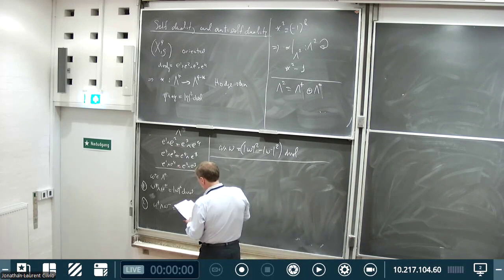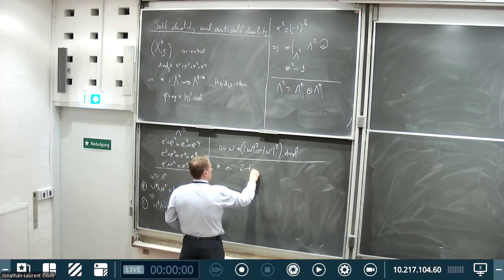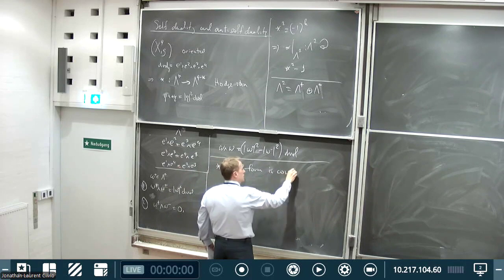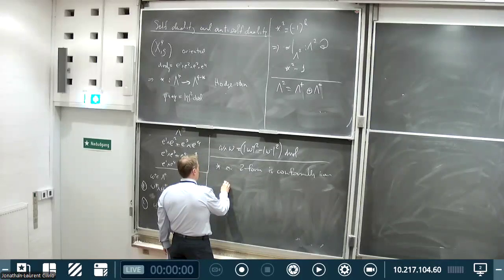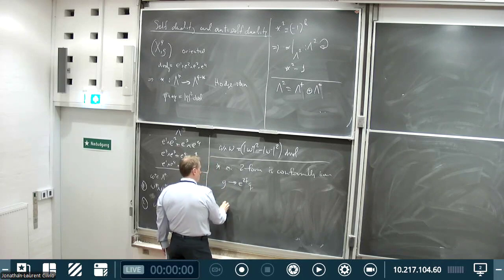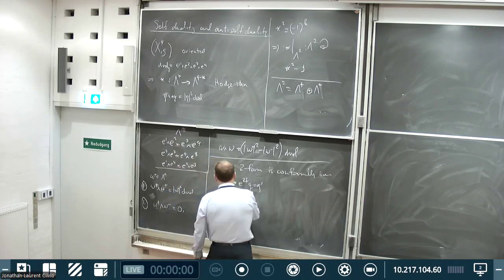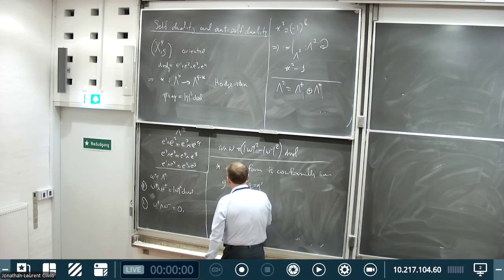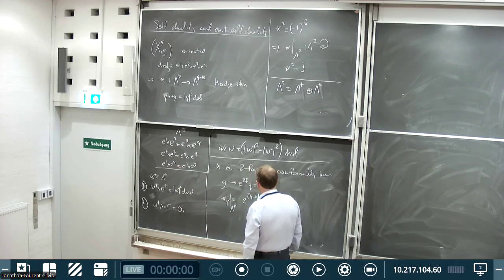Another important fact is that the star on two-forms is conformally invariant. Indeed, if I replace the metric by a conformal change, g prime, then the Hodge star of g prime on lambda k is e to the (n minus 2k) times the star for g.